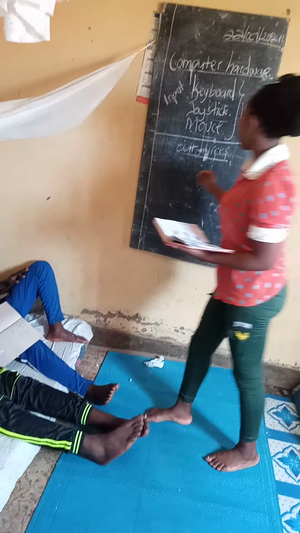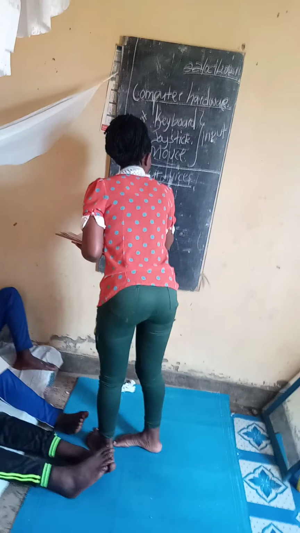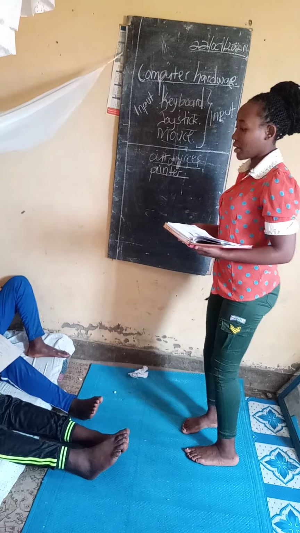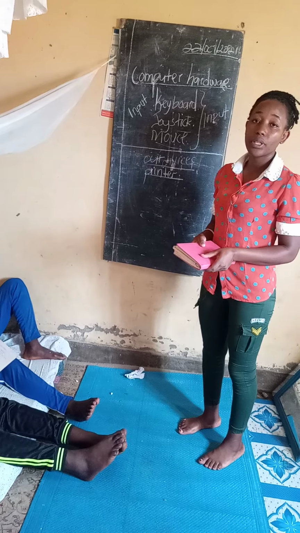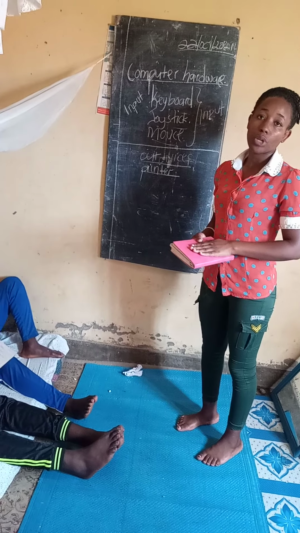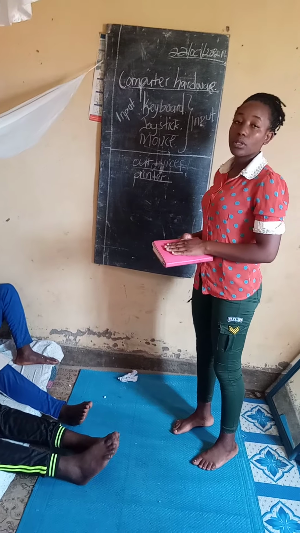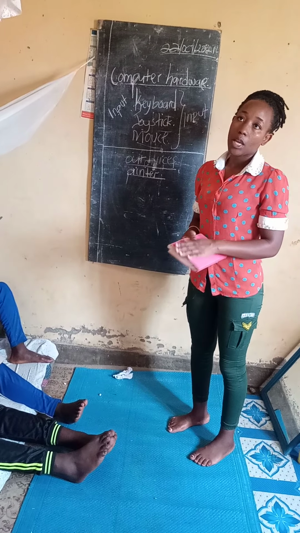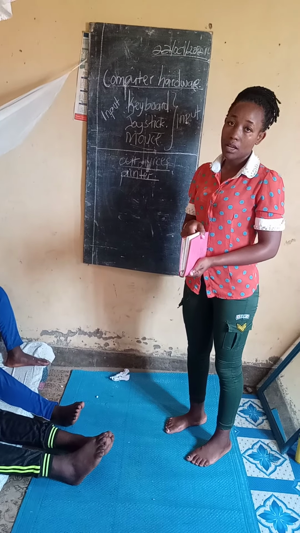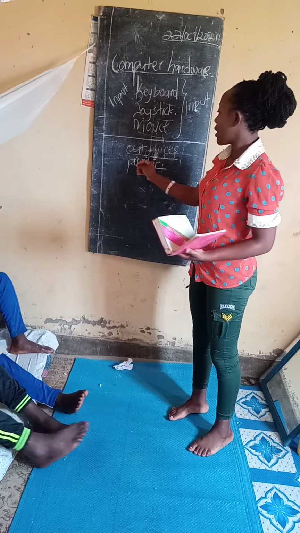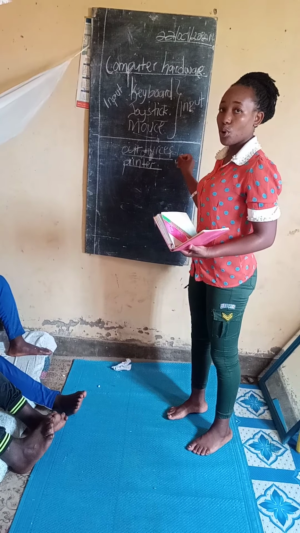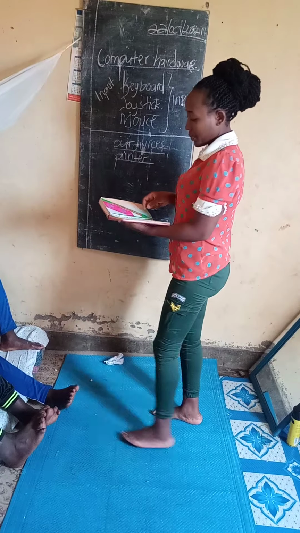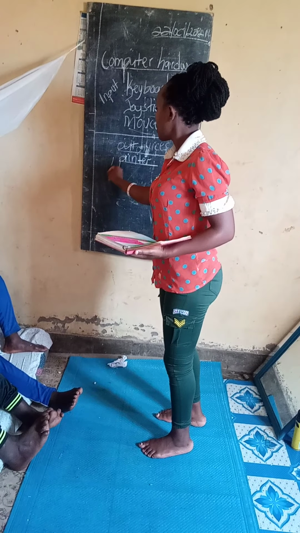A printer is used to print out information on hard copies. Those papers you see, like end of year exams. We use printers to print those exams on papers. So a printer is an example of an output device. That is one. Another one.